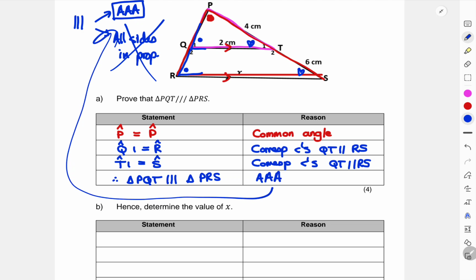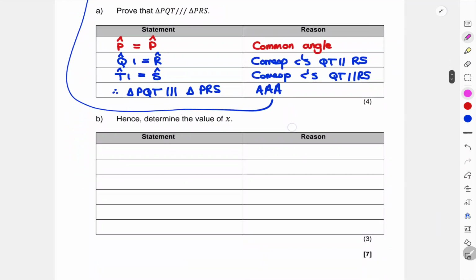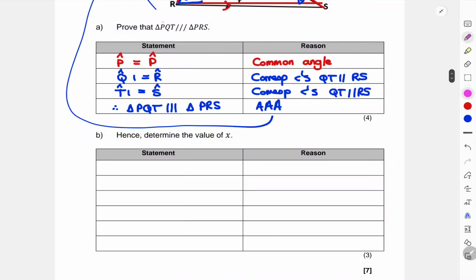Again, remember that I said to you, you can then only prove it with angle, angle, angle. Then they say, hence, determine the value of x. So I want to do my smiley write-up first. So it's PQ over PR will be equal to QT over RS will be equal to PT over PS.